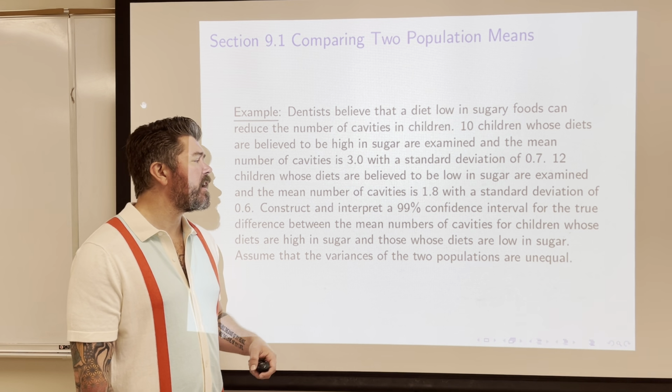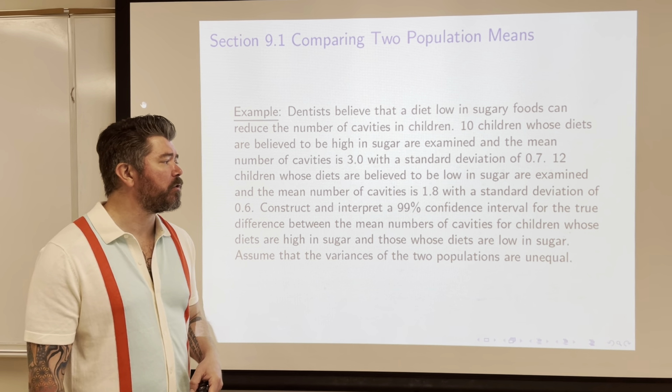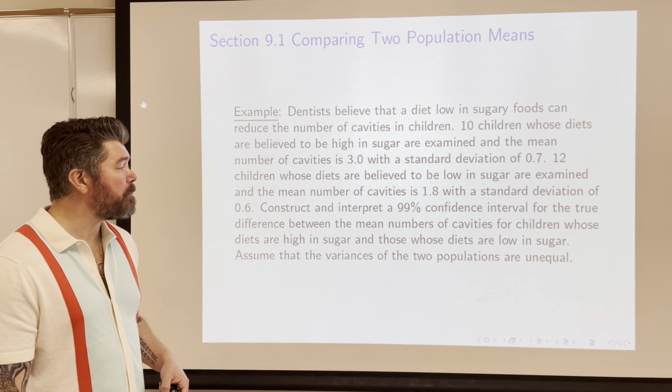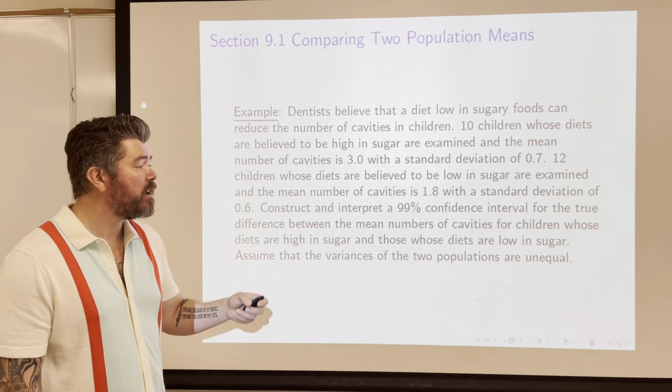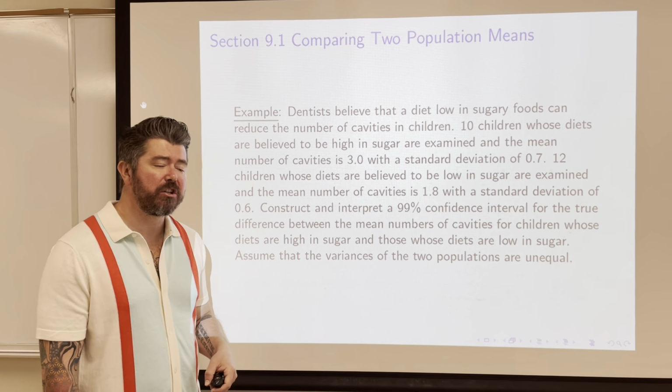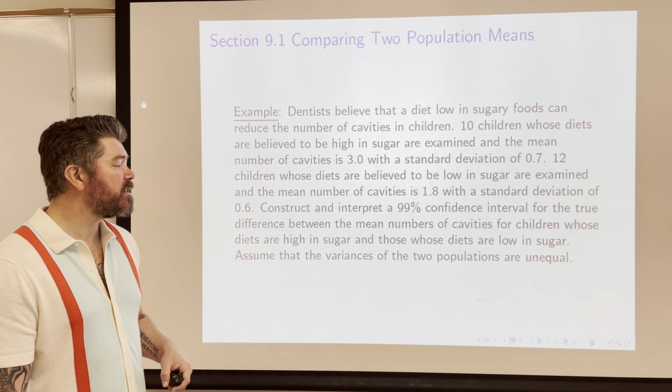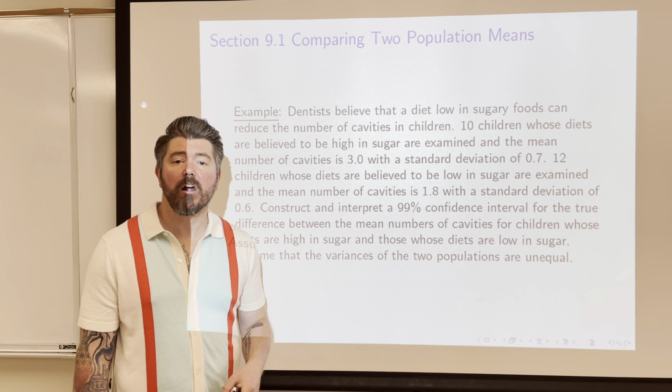Construct and interpret a 99% confidence interval for the true difference between the mean numbers of cavities for children whose diets are high in sugar and those whose diets are low in sugar. Assume that the variances of the two populations are unequal.